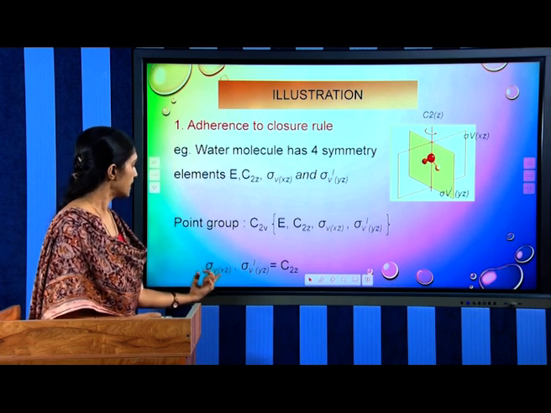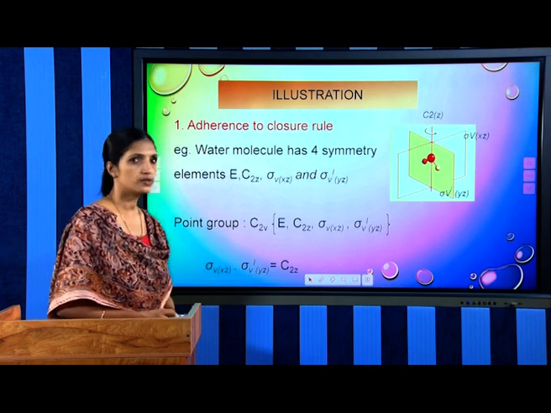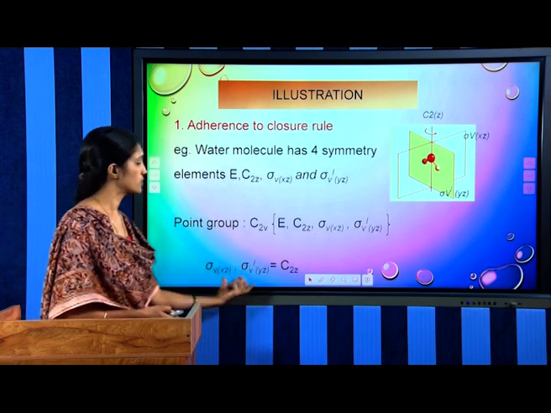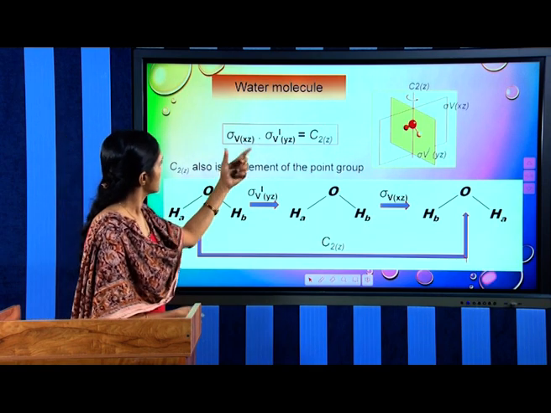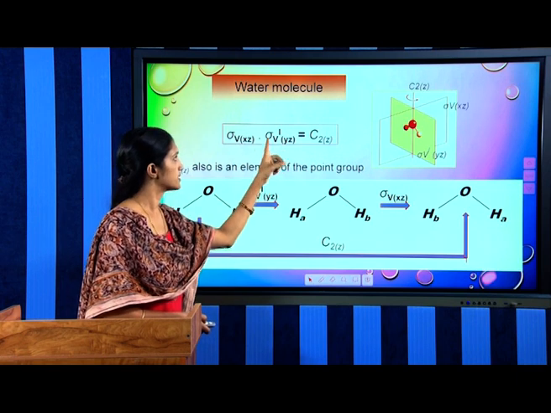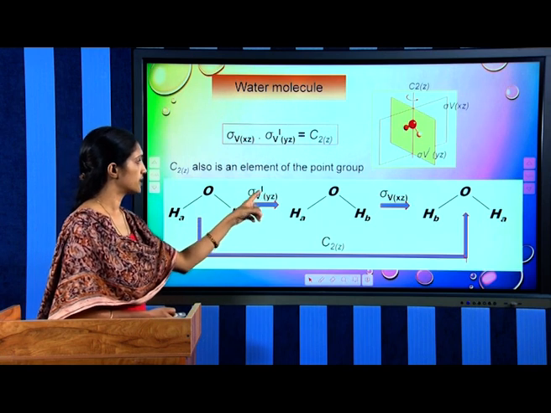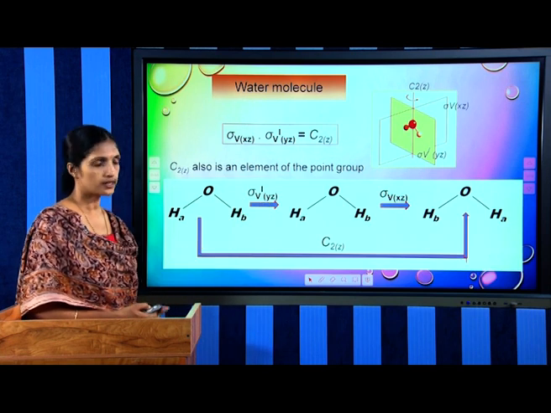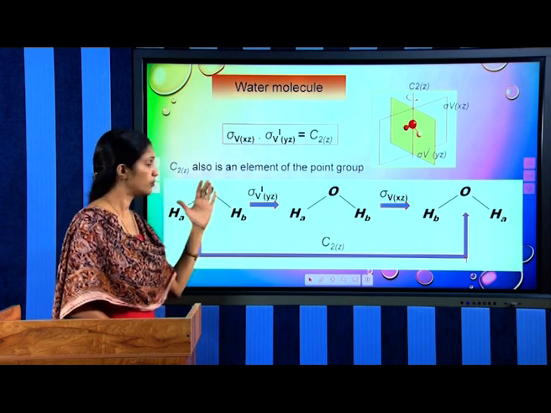Here sigma V x z into sigma V dash y z will be equal to C2Z. Now, C2Z is also an element of the group, right. So, we have to check whether it is right or not. Sigma V x z into sigma V dash y z means we have to perform sigma V dash y z first. Sigma V dash y z is the molecular plane, the plane containing the molecule.